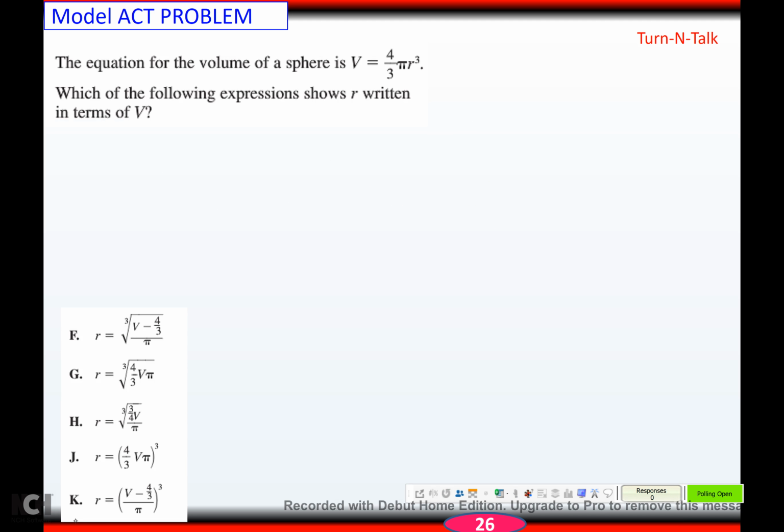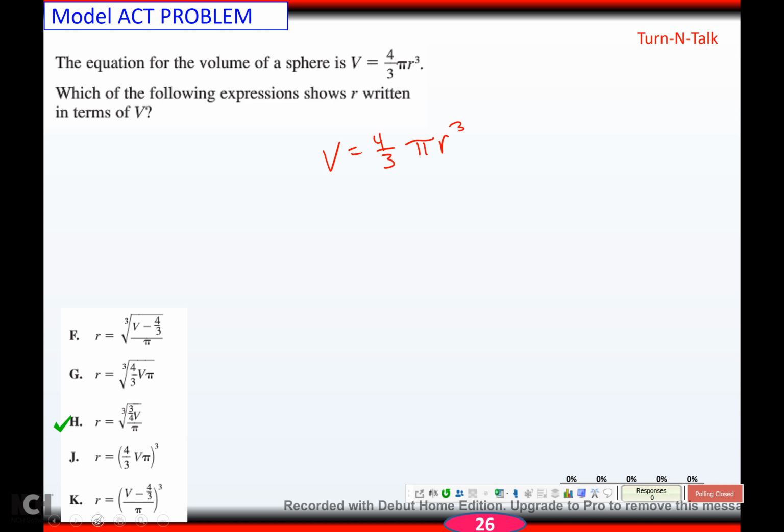Okay, try this one, hit pause, come back when you're ready. Hopefully you got H. It says the equation for the volume of a sphere is volume equals 4/3 pi r cubed. Which of the following expressions shows r written in terms of v?